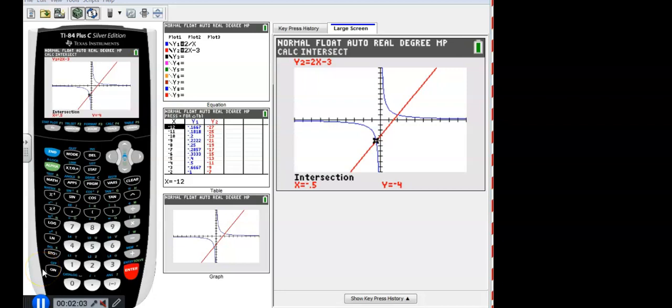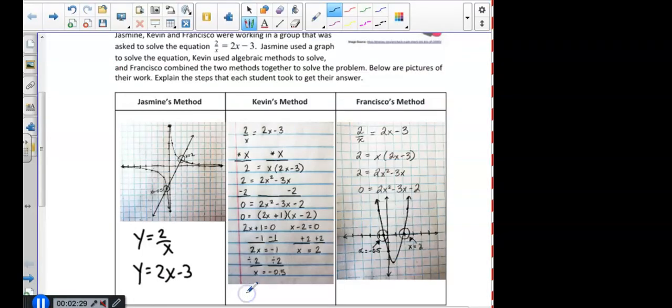So when I hit enter for a third time, I got the intersection point to be negative 0.5, comma, negative 4.